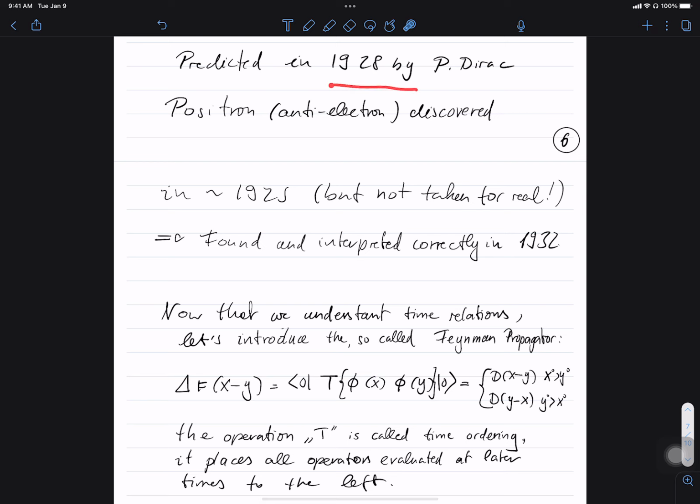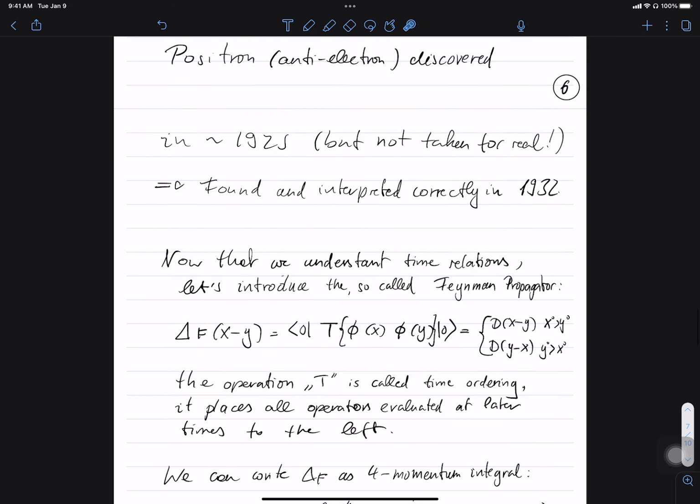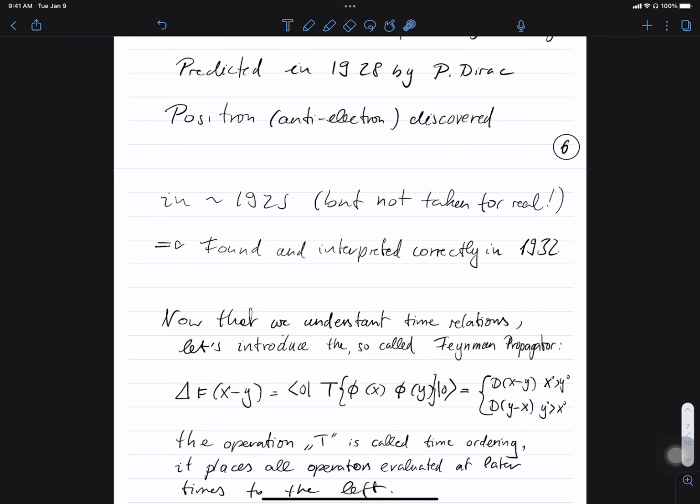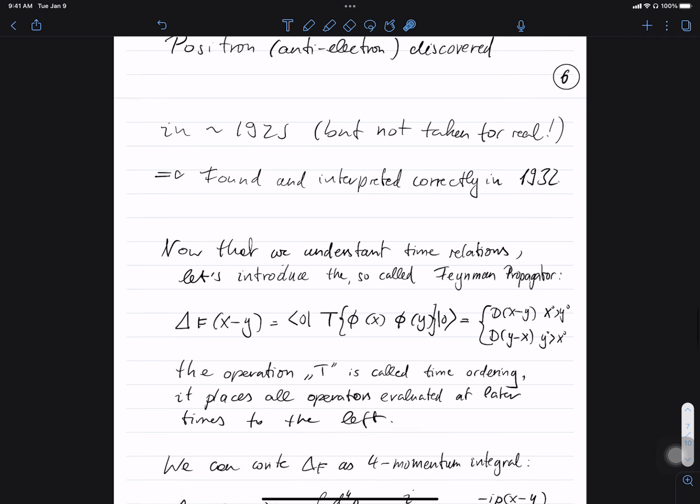Then, after Dirac predicted the existence of the positron, it was found and now correctly interpreted in 1932, which led to a Nobel Prize in 1936, very rapidly. So it's interesting that this experimental discovery, without the theoretical interpretation, was discarded, and only after the theoretical prediction and understanding was the data properly interpreted.